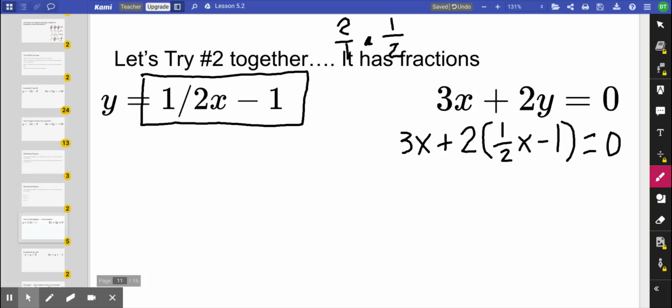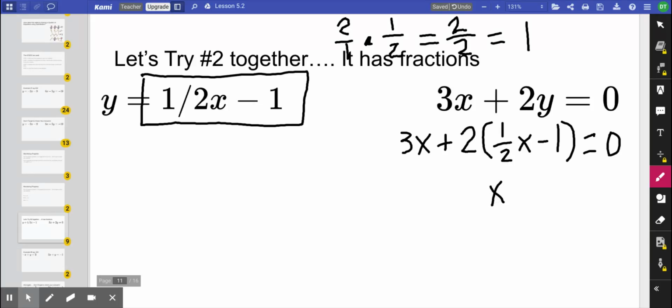So top times top, 2 times 1 is 2. Bottom times bottom, 1 times 2 is 2. So 2 divided by 2 is the same as 1. So 2 times 1/2 x is going to give me 1x.